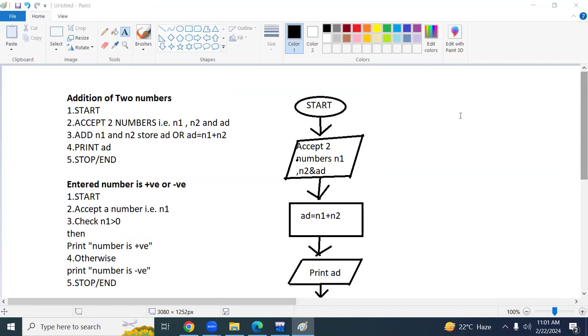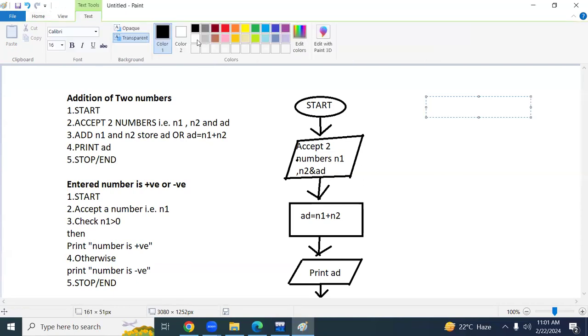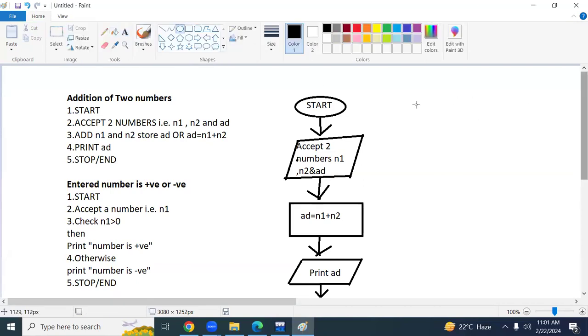Now a similar thing you can draw over here for the second one. Are you able to draw the second one? Only the third step is different. So can I start with the third step?